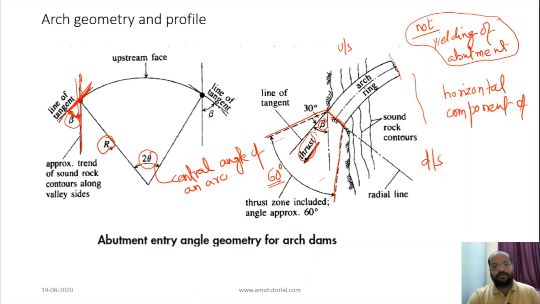This should be around 60° for a better result, for better support. In this case there will not be any yielding. And the range of this angle beta should be 30°. So the geometry of this arch should be like this, so that there is no yielding of the abutment.